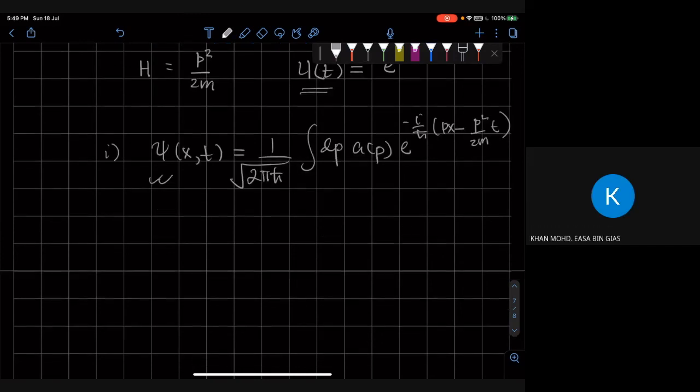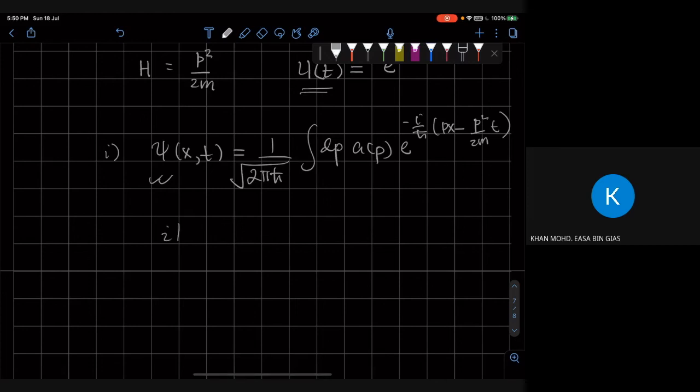Not that much. Okay, what is the free Schrodinger equation? Can you tell me, Isa? Sorry? What is the free Schrodinger equation? Just we have to minimize the potential part.